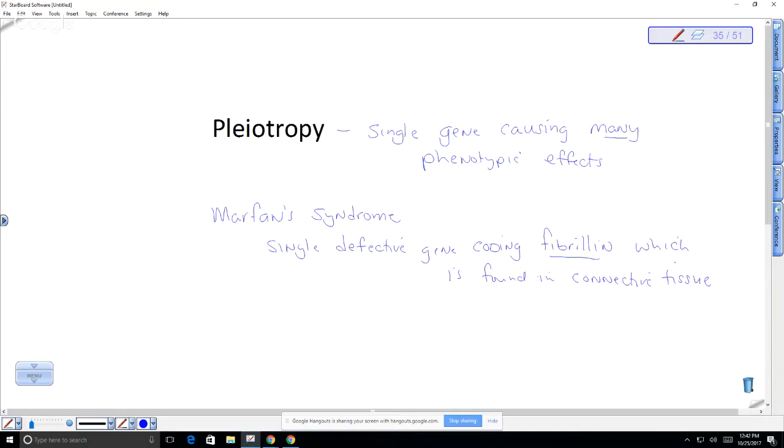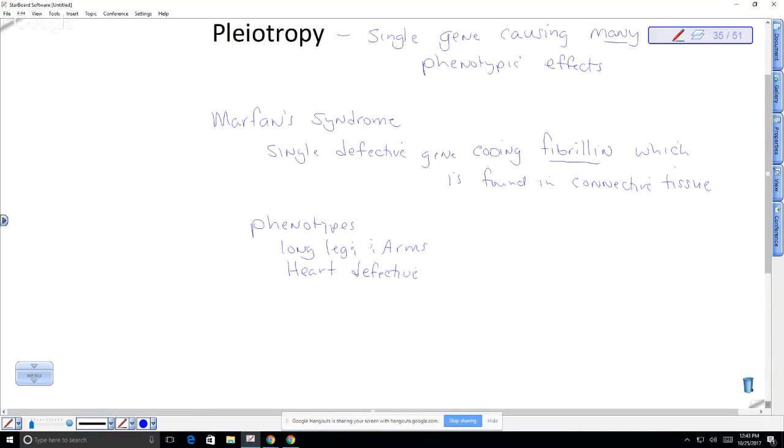So any place there's connective tissue in your body, fibrillin is found in there, and if it's defective, it's going to cause a defect there, and there, and there, right? So these would be the phenotypes: long legs and arms, so the bones, right? Another one is heart defect, because there's connective tissue in your heart, and this might cause people to have heart attacks at an early age.